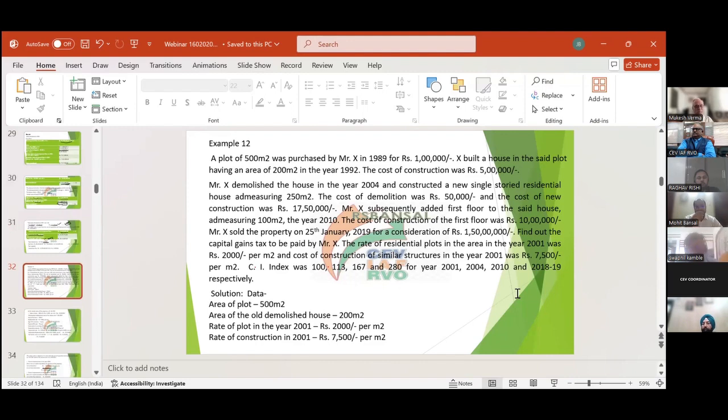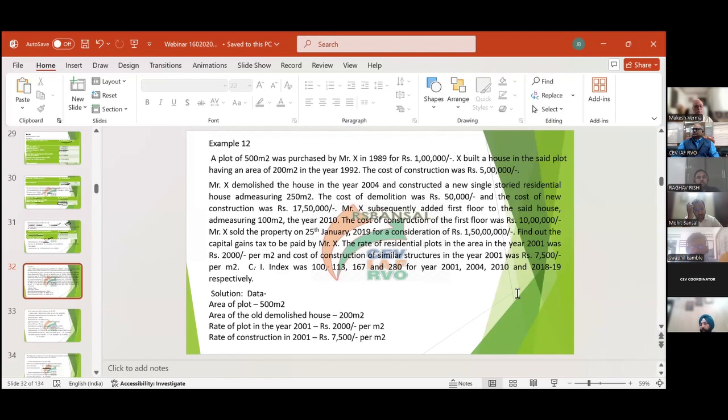A plot of 500 square meter was purchased by Mr. X in 1981 for 1 lakh. X built a house in the said plot having an area of 200 square meter in the year 1992. The cost of construction was 5 lakh. Mr. X demolished the house in 2005 and constructed a new single-storey residential house measuring 250 square meter.